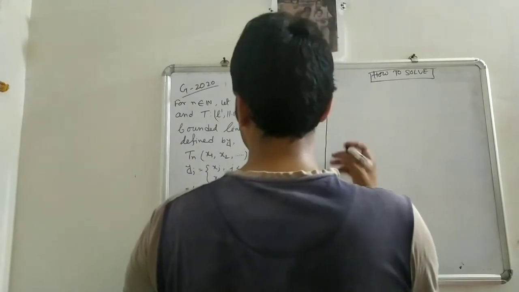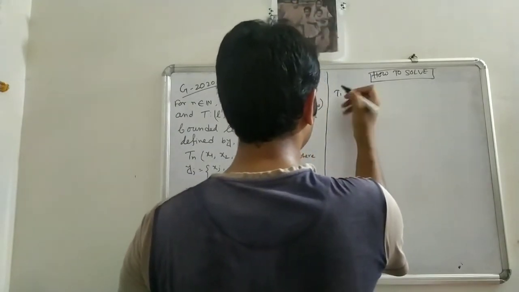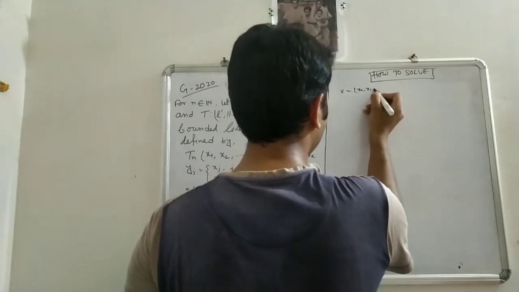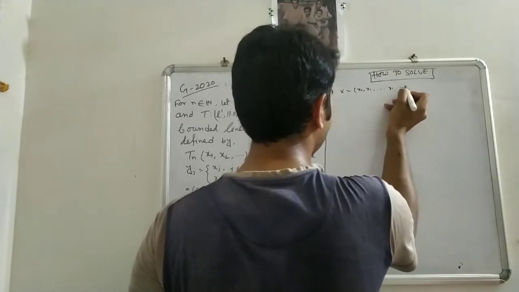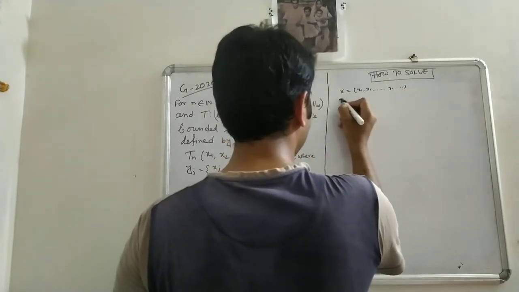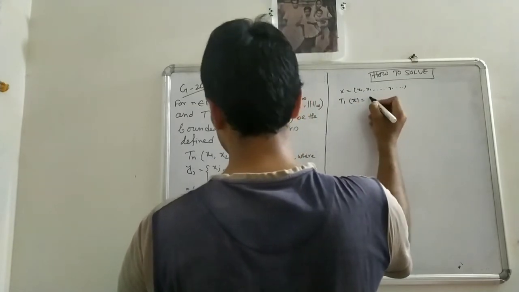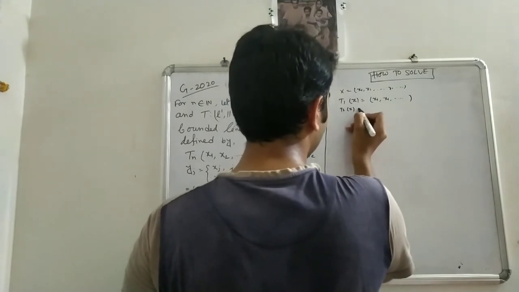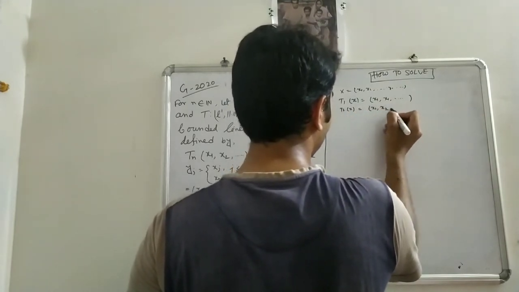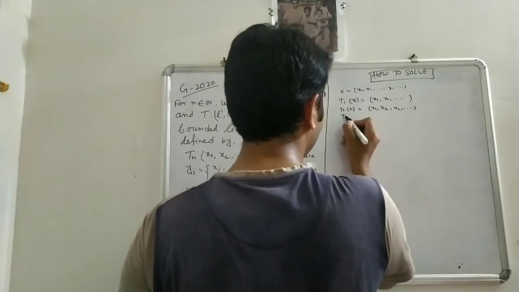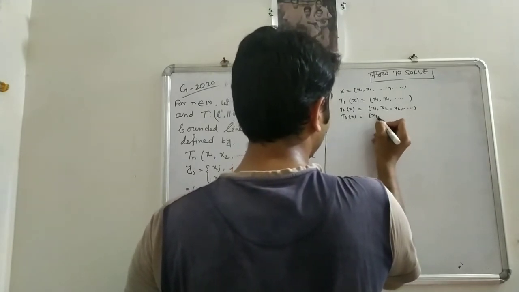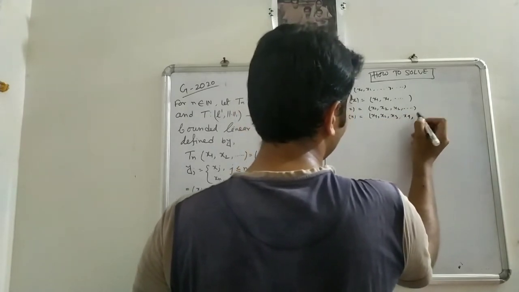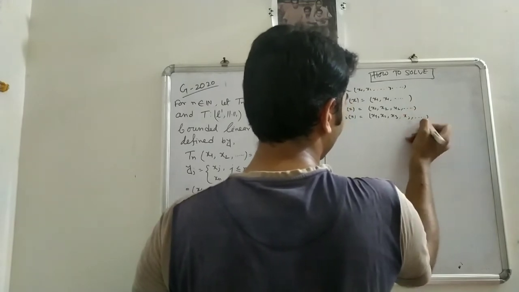First you see that T1. I take x equal to x1, x2 and so on. So T1x is nothing but x1, x1 and so on, and T2x is equal to x1, x2, x2 and so on, and T3x is equal to x1, x2, x3, x3 and so on.